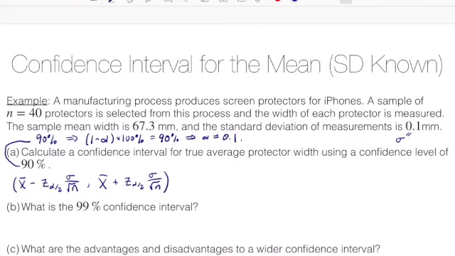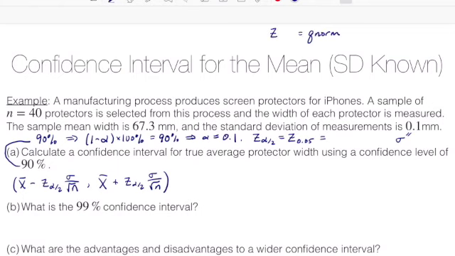And we would also need to find z alpha over 2, and in this case that will be z of 0.05, and at this point we could use a table to find this value, which I will show you how to do in class, or you can use an R function called qnorm in order to find this value.